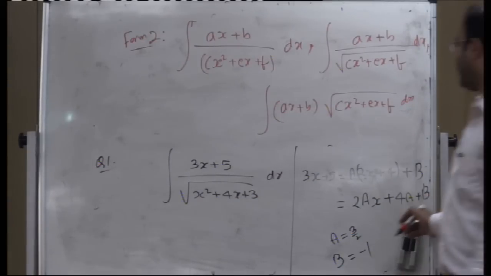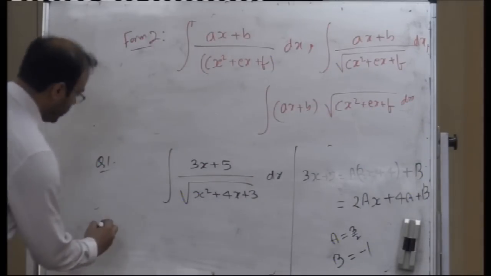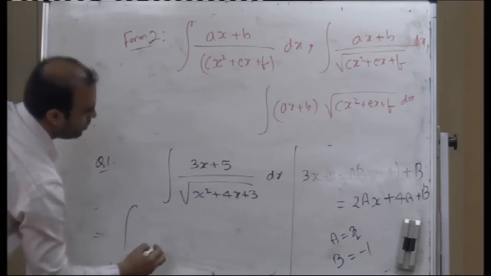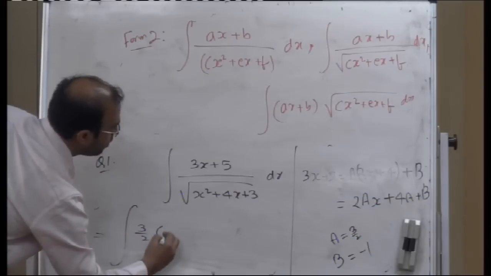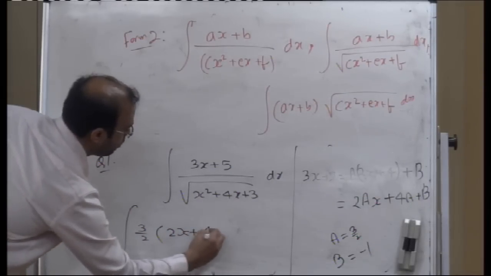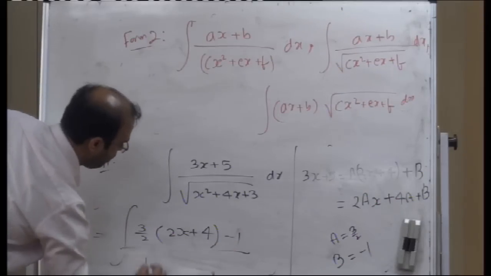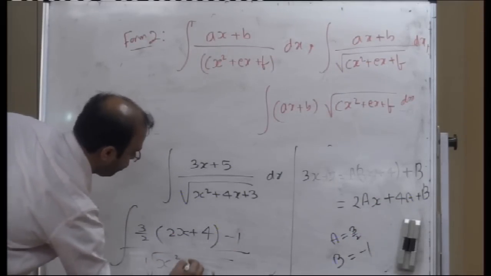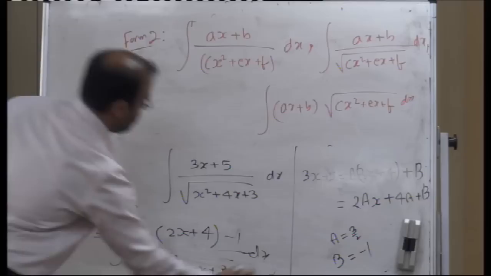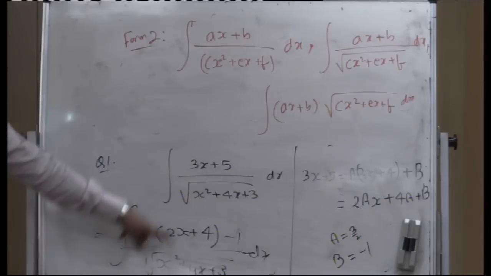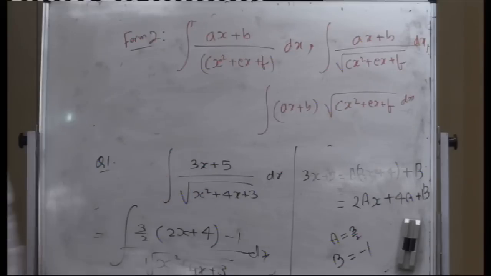So you can write in the next step this equation as integral of 3x plus 5, which is actually a is 3 by 2, (2x plus 4) minus 1, upon root over (x square plus 4x plus 3) dx. If you calculate this, you will get 3x plus 6 minus 1, 5.